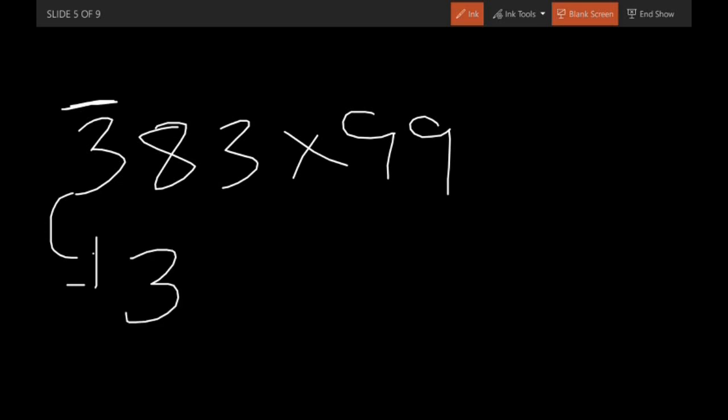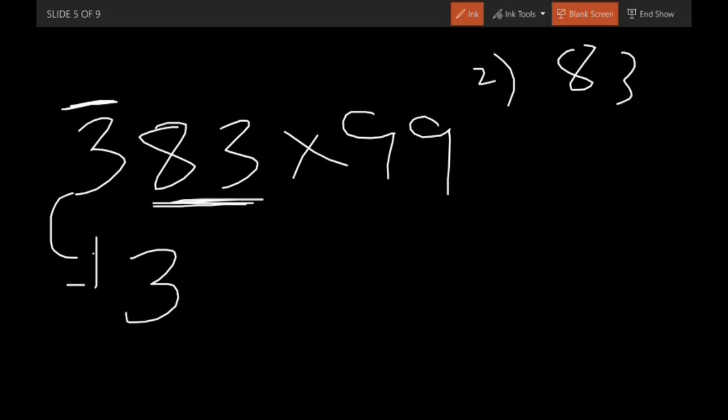Now the second step is: except the first one, whatever digits we have beside the first number, we are going to subtract from them the first number plus 1. Suppose we have only 83.